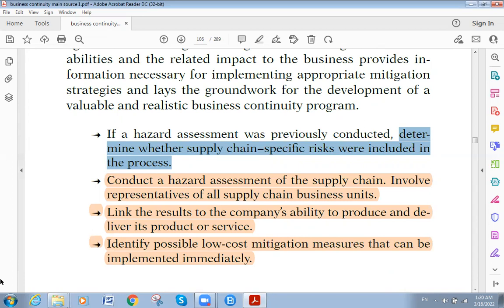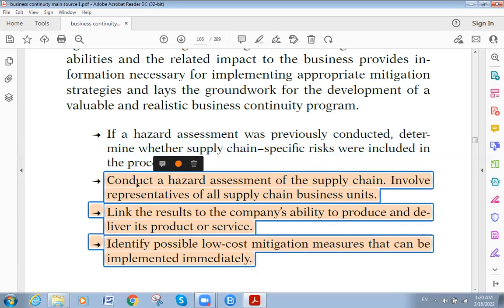Each risk event has its own impact. The severity and the probability are different. The only thing is to make sure that the supply chain was covered in this assessment and not neglected.